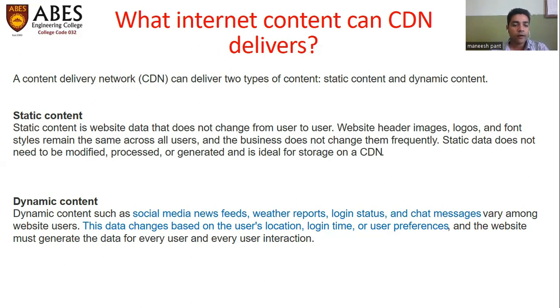Dynamic content such as social media news feeds, weather reports, login status, and chat messages varies among website users. This data changes based on the user's location, login time, and user preferences, and the website must generate the data for every user and every user interaction. So this is why dynamic content is slightly harder to handle.